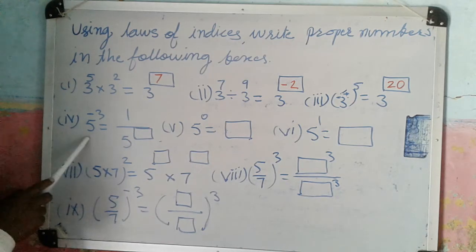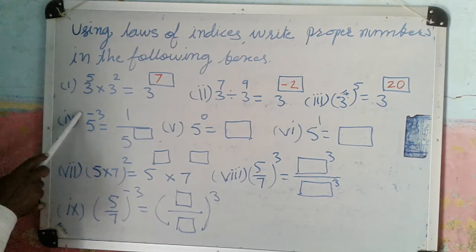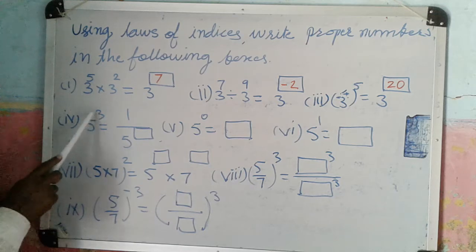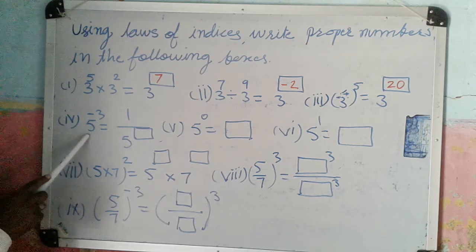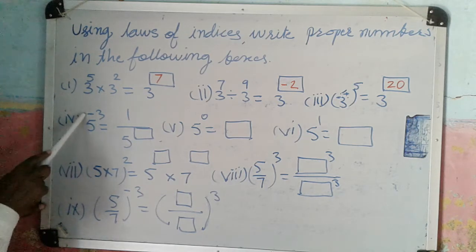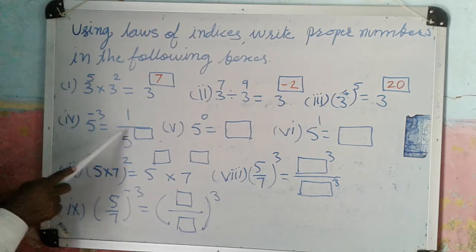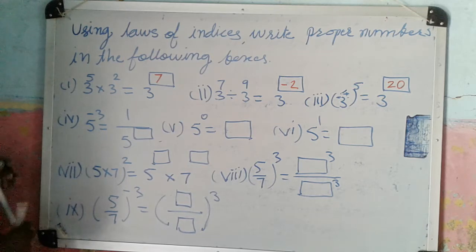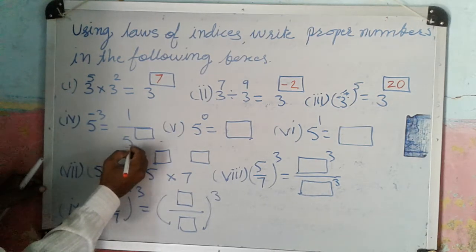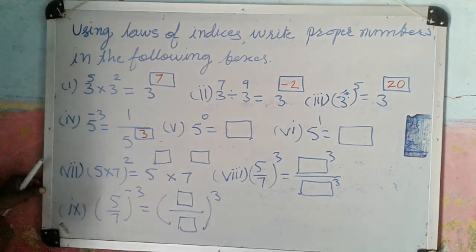Now here in the fourth example, 5 raised to minus 3. Here 5 is the base. The index is minus 3. So the index is negative. So make it positive, take the reciprocal. So here we get 1 upon 5 raised to plus 3.